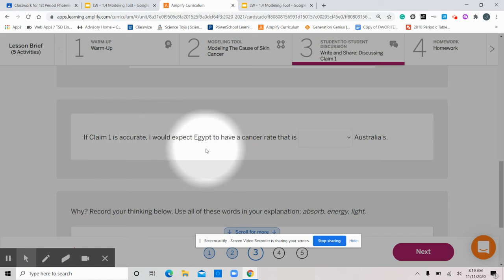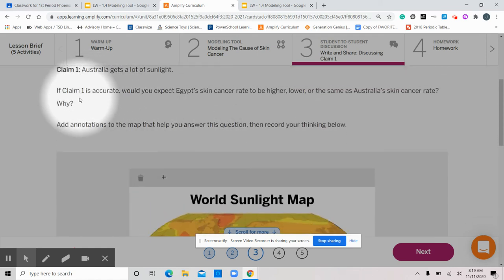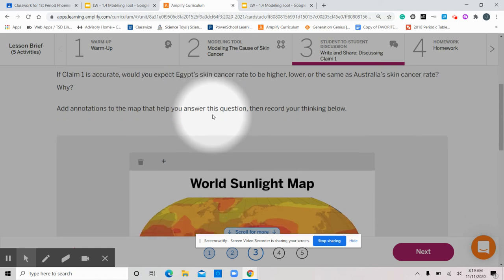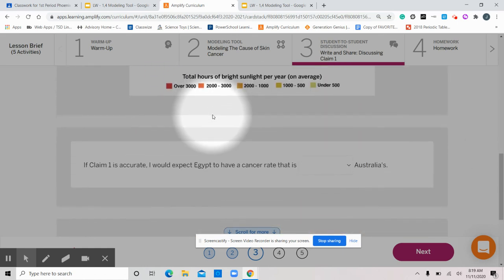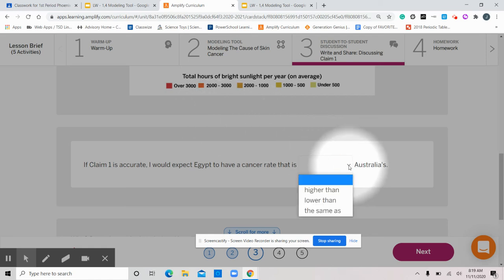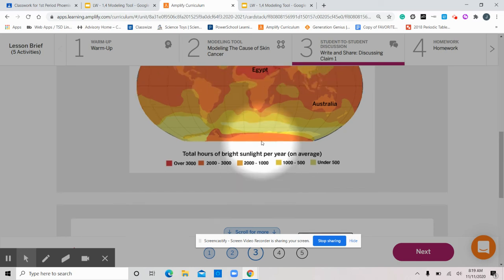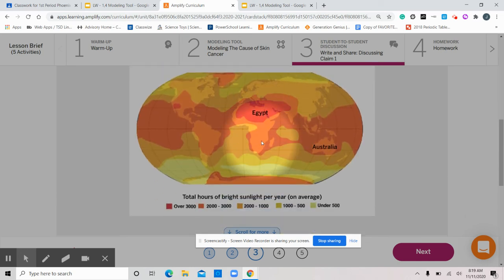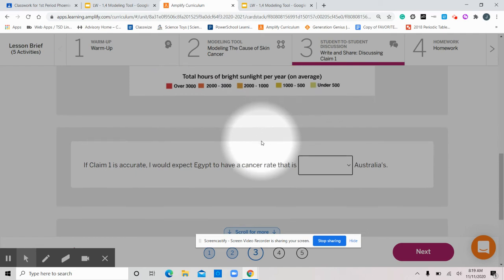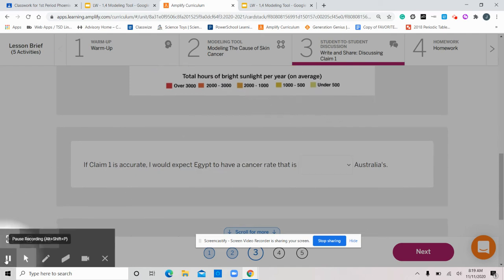If claim one is accurate, which is that Australia gets a lot of sunlight, and that's why there's such high skin cancer rates, what do you expect Egypt's skin cancer rate to be, considering it has a higher amount of sunlight? Go ahead and pause the video. Make your selection now.